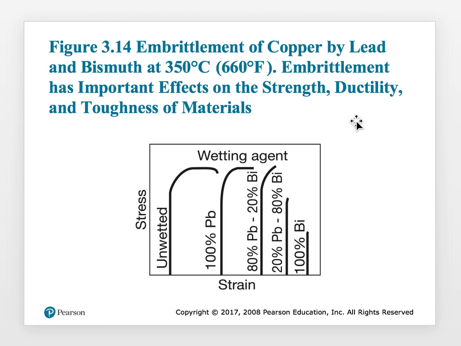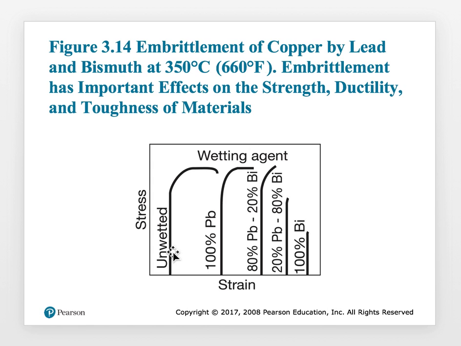And that embrittlement means the block of materials are not going to be as strong. I mean, they are strong, but if you're trying to pull it apart or if you're trying to deform it, they can easily break catastrophically, and it can reduce the toughness of that block of materials.